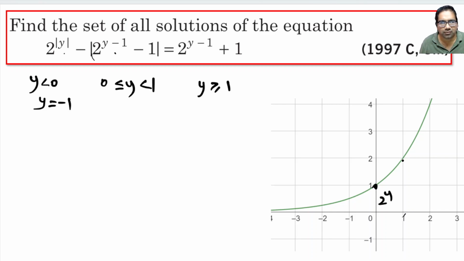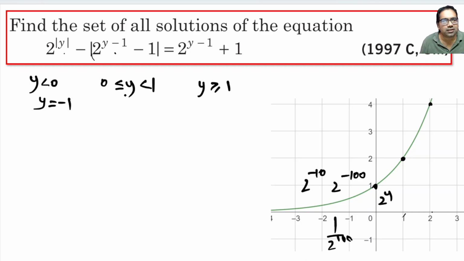When y is 1, 2 power 1 is 2. When y is 2, 2 squared is 4. When y is less than 0, it becomes smaller and smaller and approaches 0. For example, 2 power minus 100 is 1 by 2 power 100, which is very small. It will approach 0.